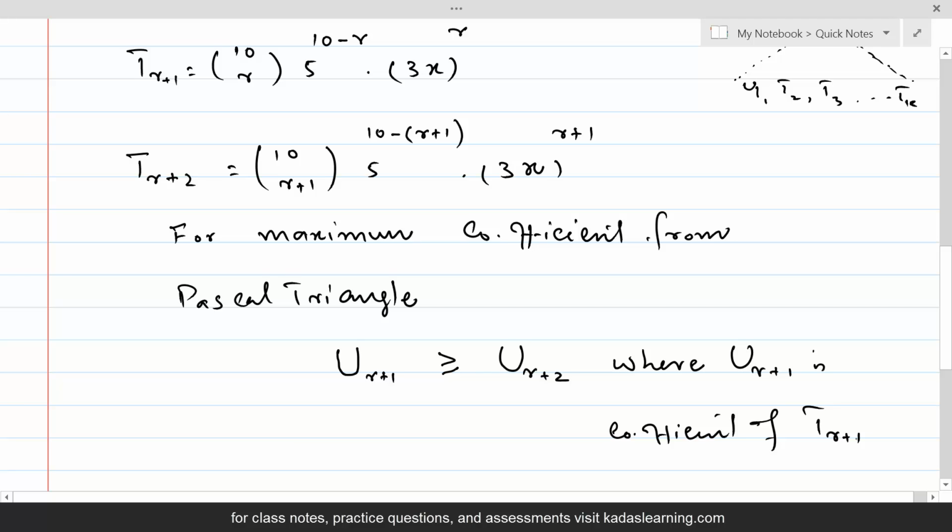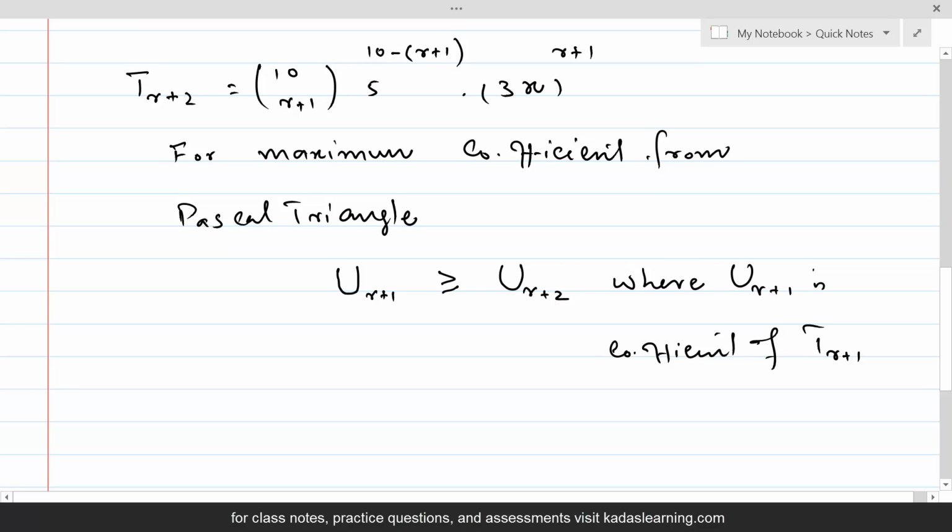Because in the Pascal triangle, wherever the maximum occurs, the terms right after that must be smaller. Therefore U(r+1) should be greater than or equal to U(r+2). So let's write down the coefficient now. This means that 10Cr times 5 power 10 minus r times 3 power r.